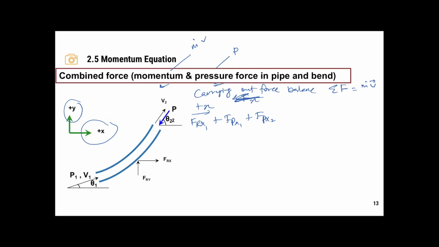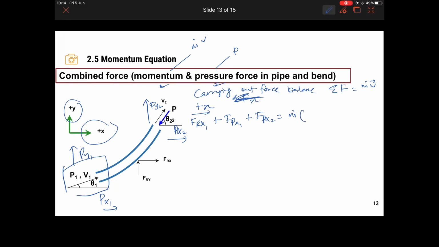Px1, Px2 refer to what? Refer to x1. You do have Px1, Px2, Py2, Py1, and then equal to m dot Vx2 minus Vx1.